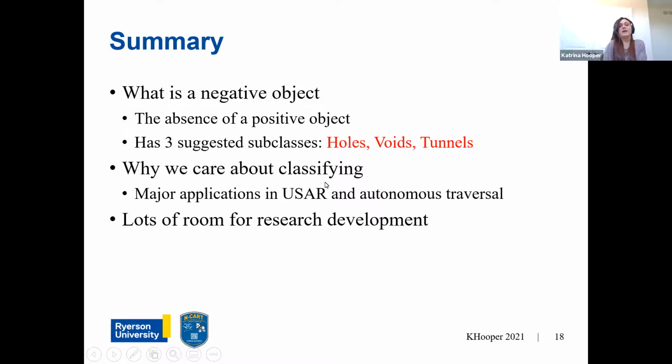It has major applications in urban search and rescue, as well as any autonomous traversal. And there is lots of room for research and development, which is always a good starting point. They literally make up the other half of the objects in the world, so understanding them would help us understand a lot more in today's society. And that's it. Thank you.